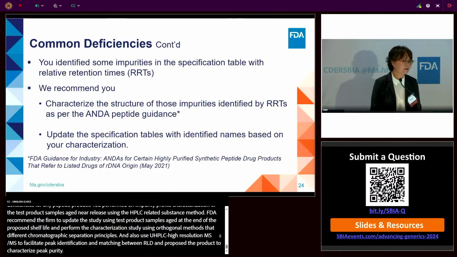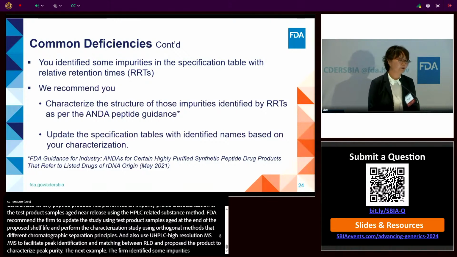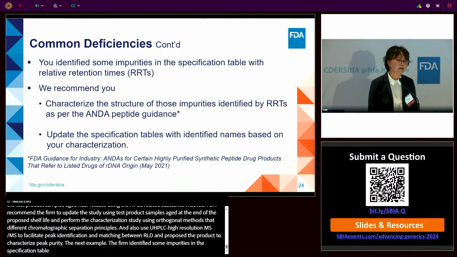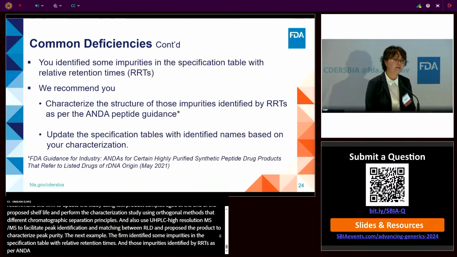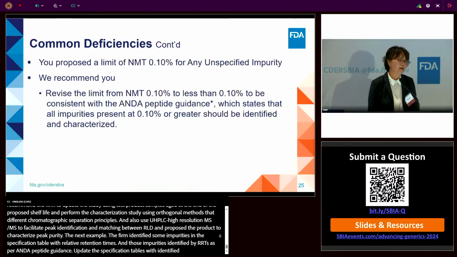The next example, the firm identified some impurities in the spec table with RRTs. FDA recommends the firm to characterize the structure of those impurities identified by RRTs as per the ANDA peptide guidance and update the spec table with identified names based on the characterization.